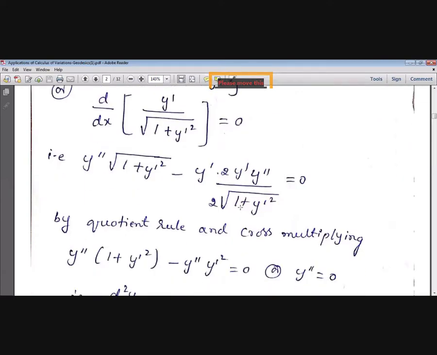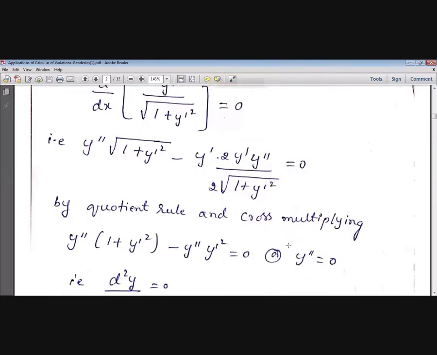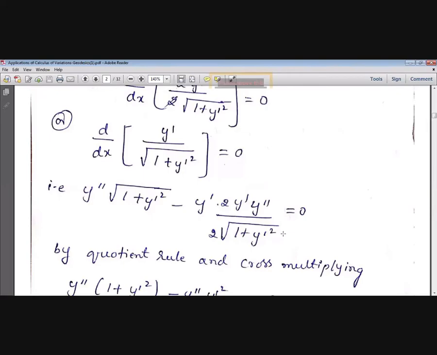Then cross multiply. What they did here is they took this problem. You can use u by v rule, or you can use uv rule.